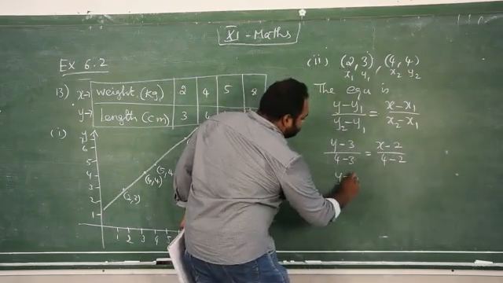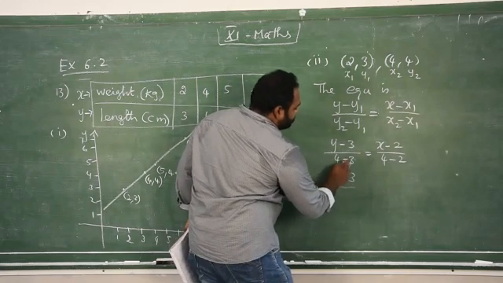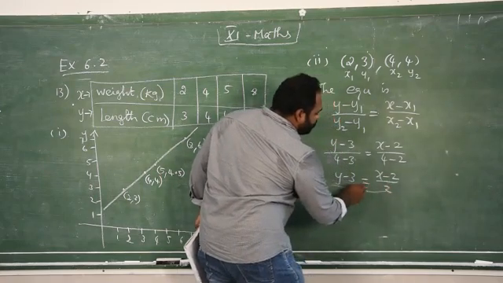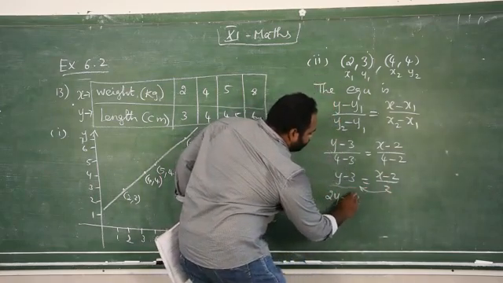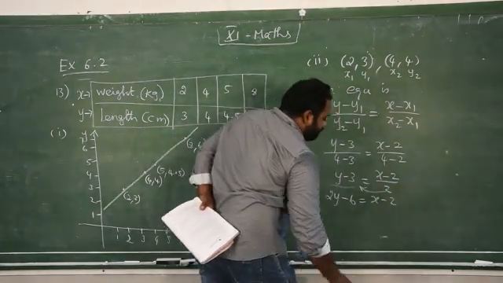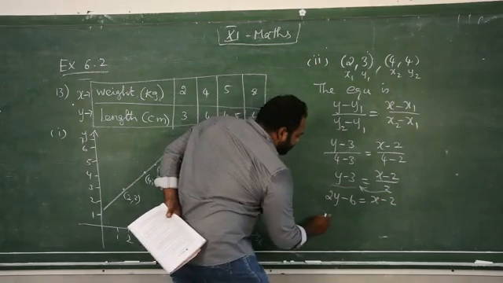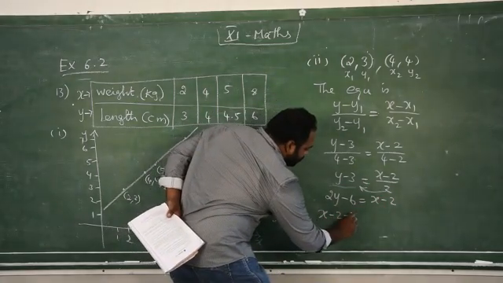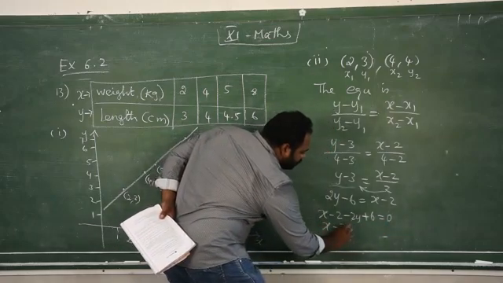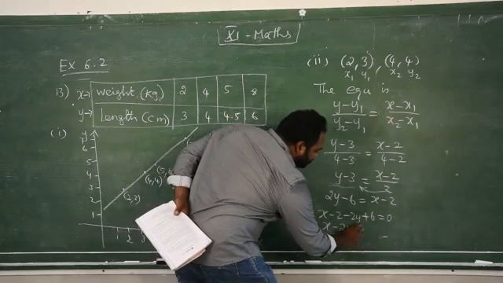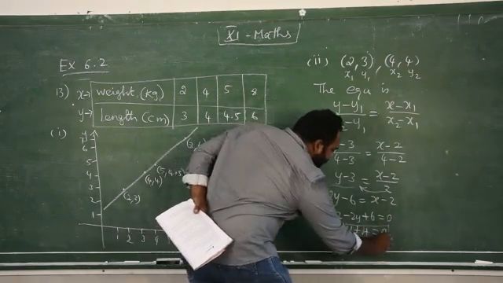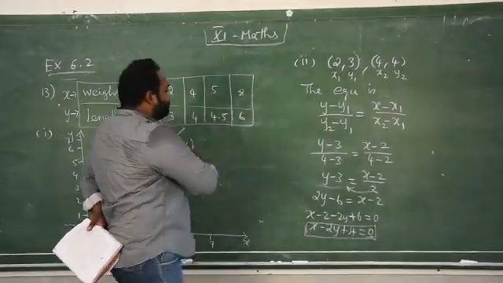That is (y minus 3) by 1, no need to write, equals (x minus 2) by 2. Just cross multiply: 2y minus 6 equals x minus 2. Carry all the values from left hand side to right hand side: x minus 2 minus 2y plus 6 equals 0. So x minus 2y plus 4 equals 0. This is the required equation for the given information.